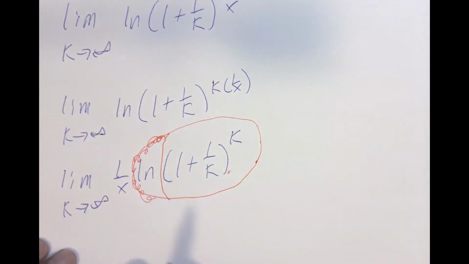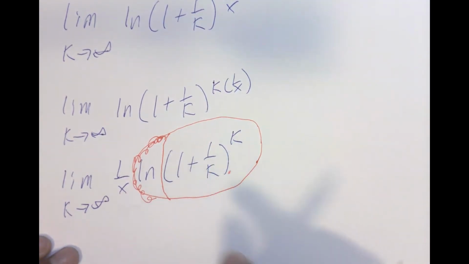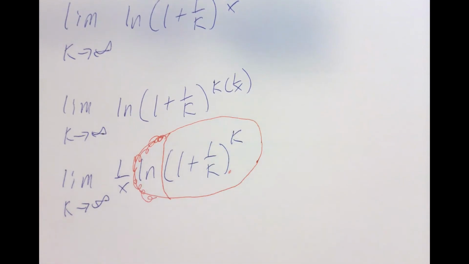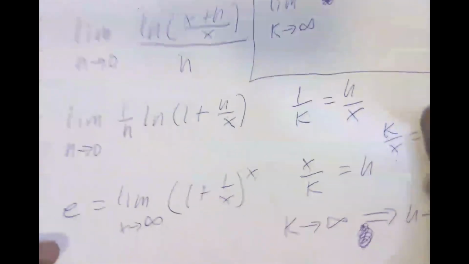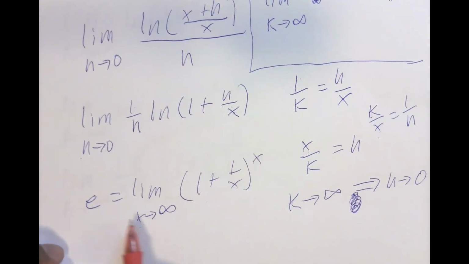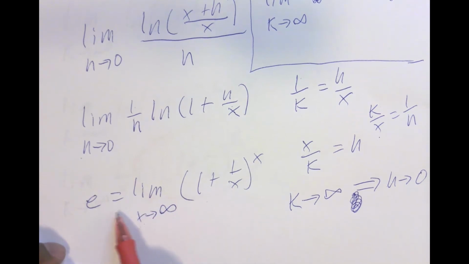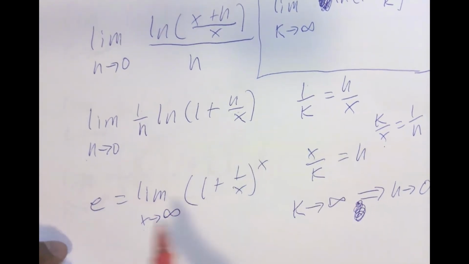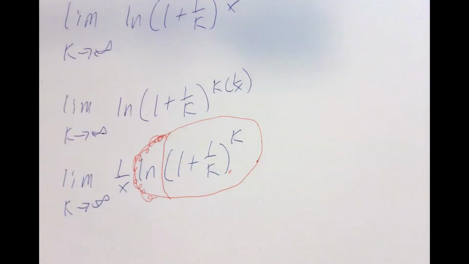This guy, pardon the sloppiness, as I take the limit as k goes to infinity, is going to equal e. By definition, it's e. We pointed out earlier. I'll bring it back just to let you know it's no magic. This is the definition of e. You can write this in a different way, but this is primarily the definition of e. So when I take this limit as k goes to infinity, I really just get e.